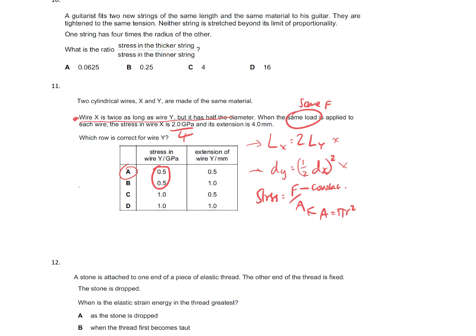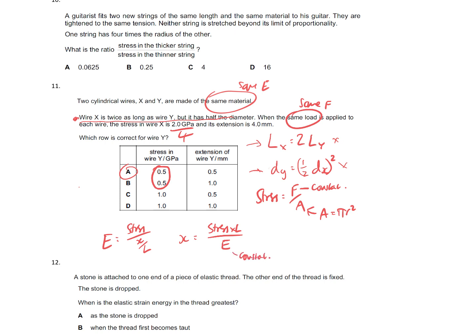So you could always have a guess, but let's have a look at extension. Now we know they're the same materials, they have the same E. And a reminder that E, Young's modulus, is stress over strain. Now remember, strain is x over L. Now if we rearrange that, we get x is equal to the stress times L over E. Now E is constant.